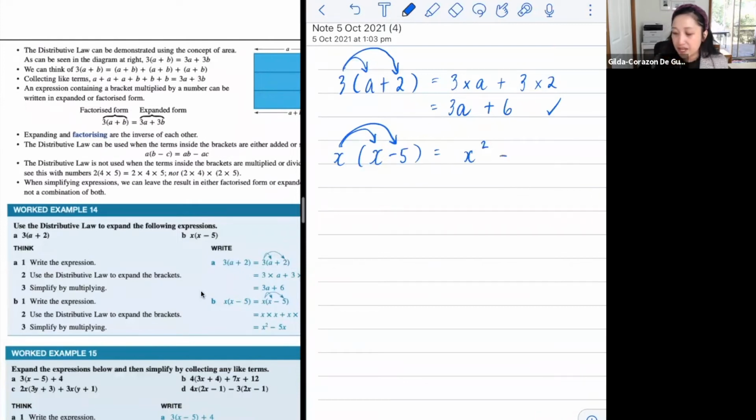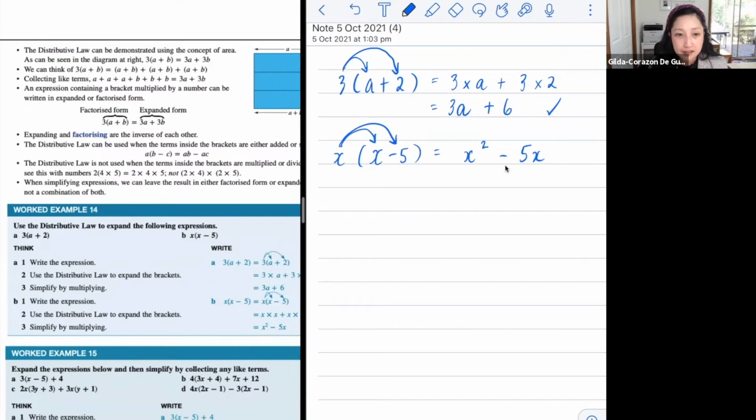And when we have x times 5, you just have 5x, right? Now notice that I've put in a minus there because you've got a minus here as well. Notice that in the previous one, we had a plus 2, and therefore we ended up with 3A plus 6. If it's a minus here, then you've got a minus there as well.